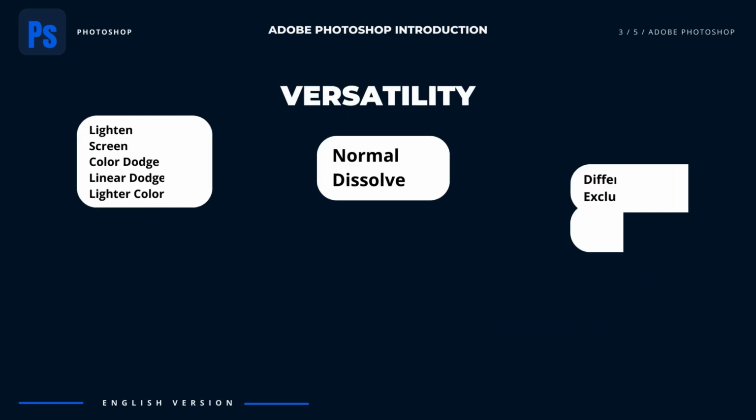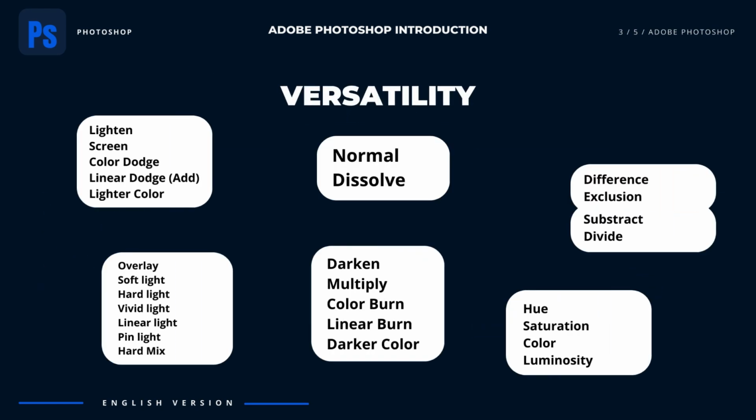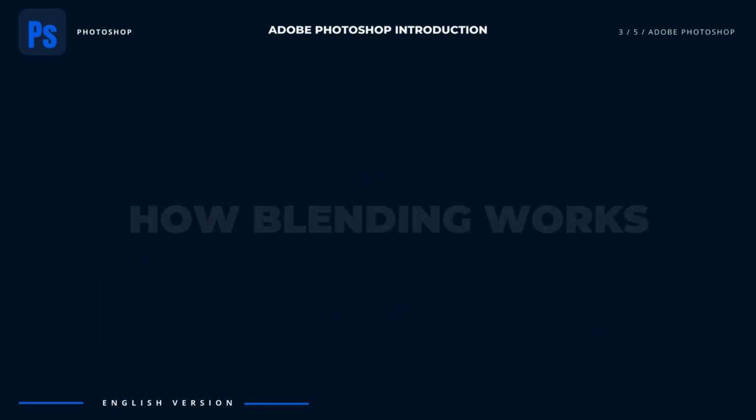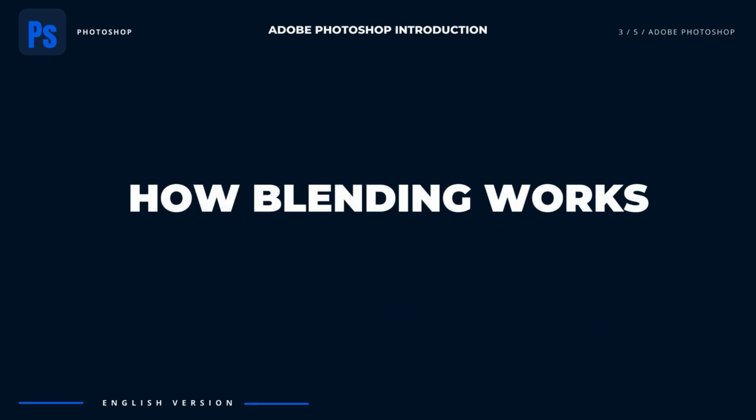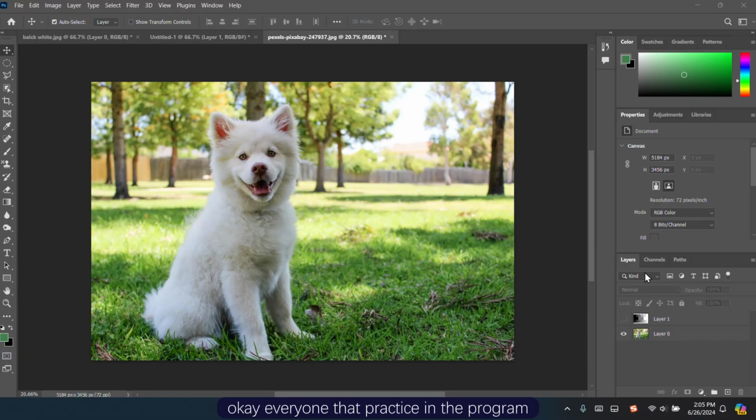This is the summary of the blending modes that I already divided into parts. Blending modes are settings in graphic design and photo editing software that determine how layers blend together. Okay everyone, let's practice in the program.